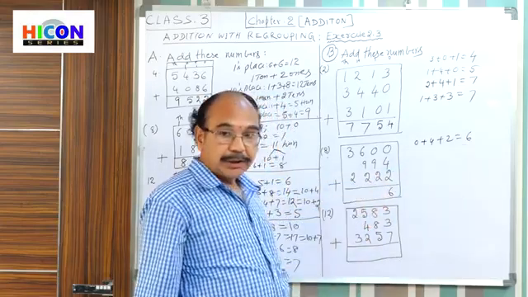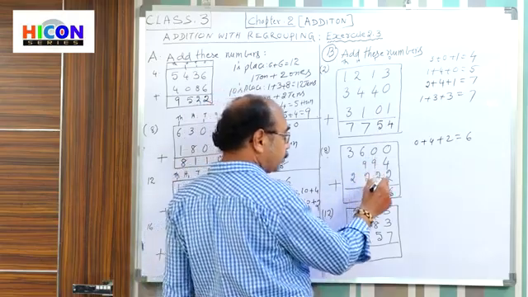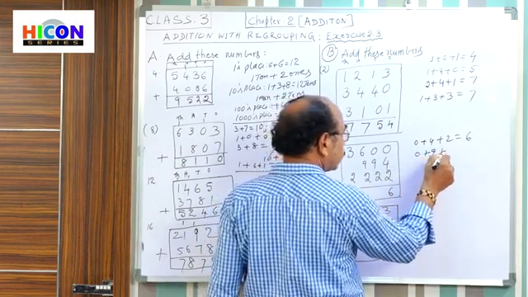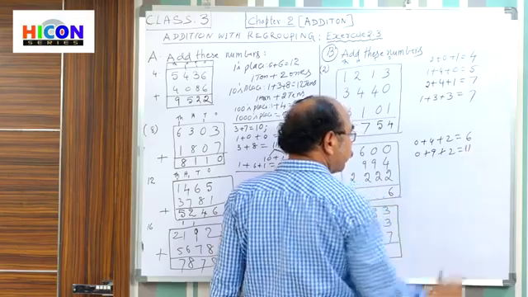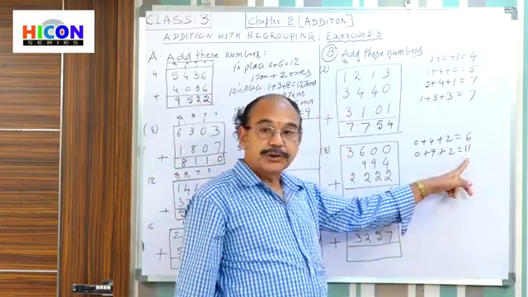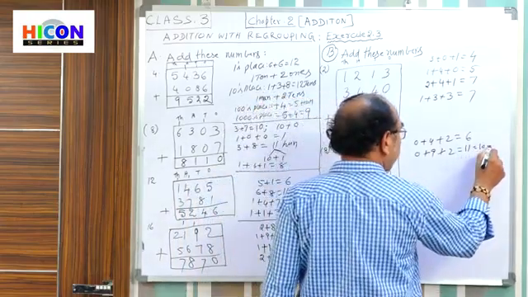Now take the digits in the tens place. That means 0 plus 9 plus 2. How much? 11. This is a two-digit number, so you break it: 10 plus 1.